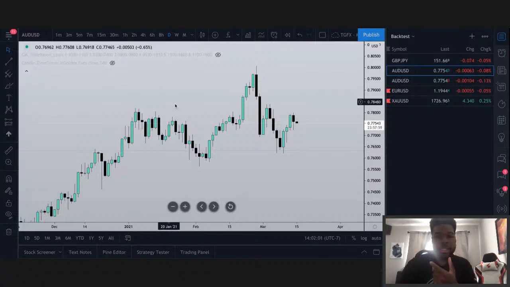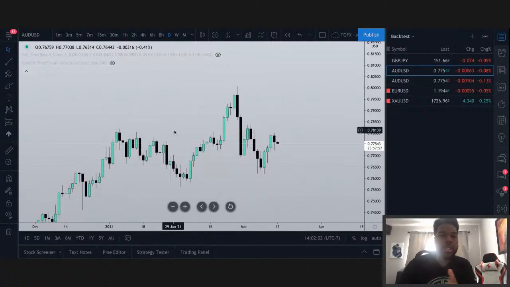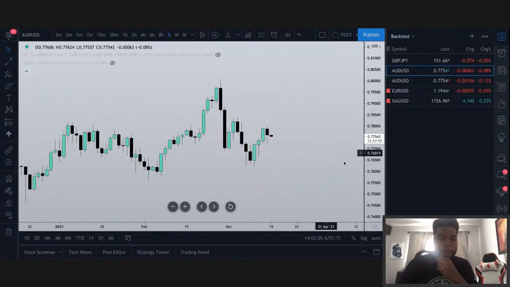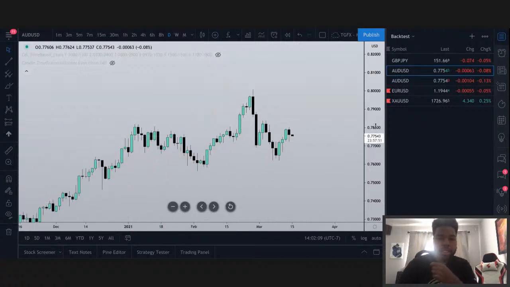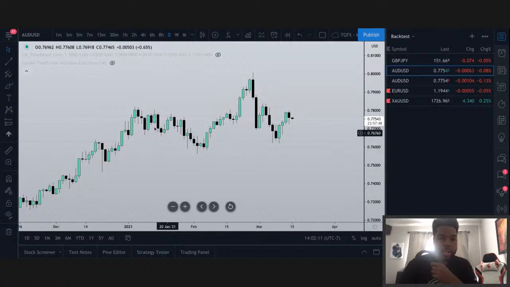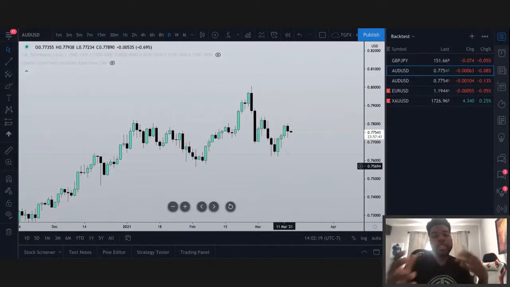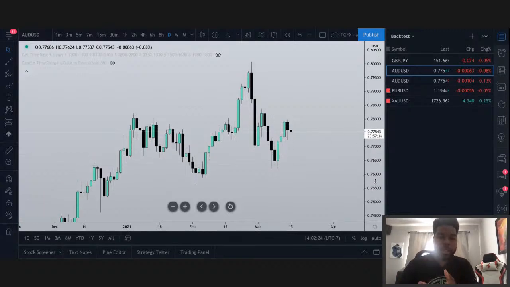So that's one of the biggest concepts we have to understand as we're trading these markets. Now, the first thing I want to go over are the higher time frames, because if you look at the daily chart right now, it is in this area of a lot of congestion. So what I want to show you guys is how to understand congestion, or you can call it consolidation, but also a lot of people call these order blocks.